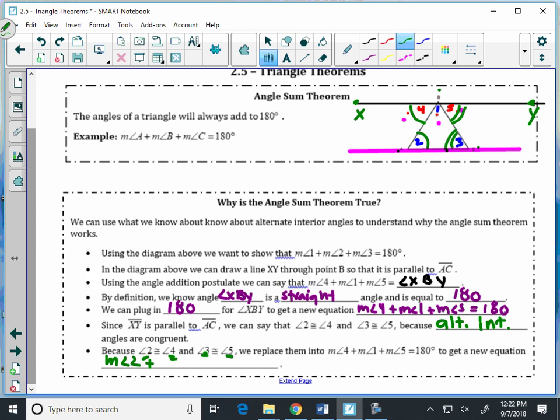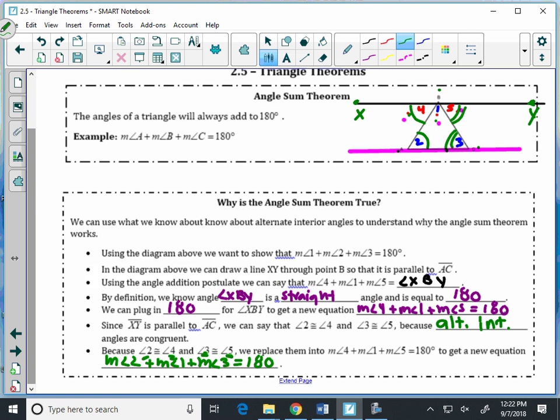If we add all the inside angles together, we get 180 degrees. And it will work every time with any type of triangle because of those steps. Because no one drew that line parallel and recognized these 3 angles add to 180 degrees because they make a straight angle.